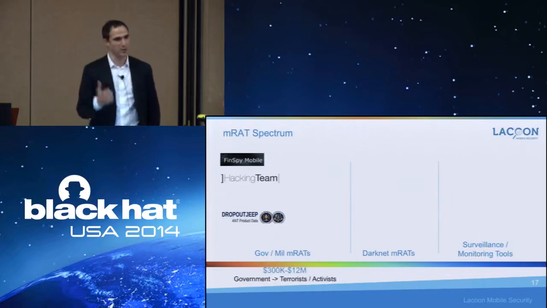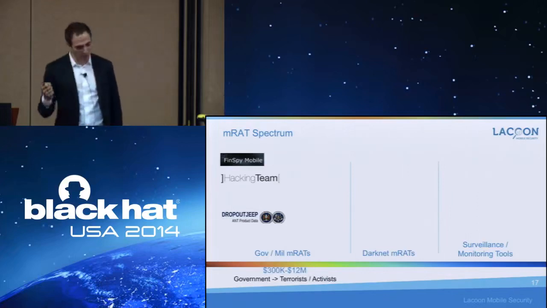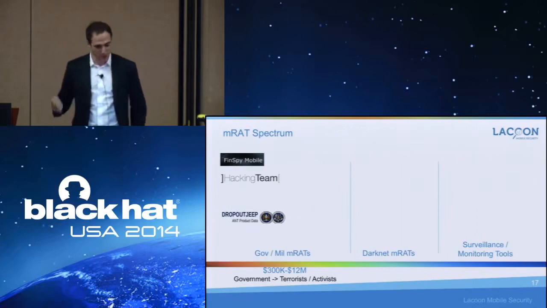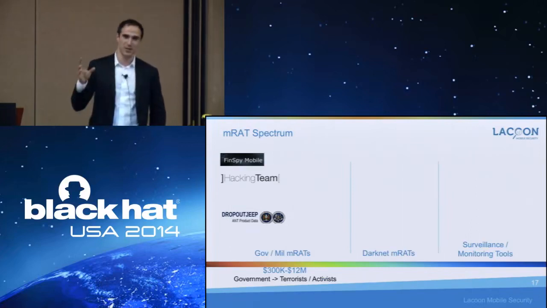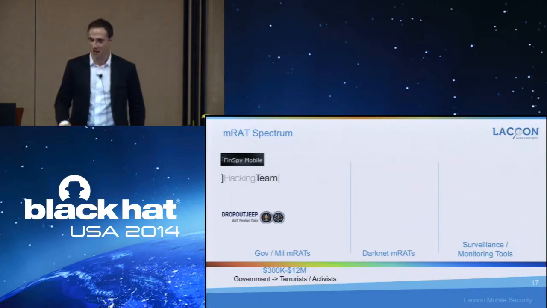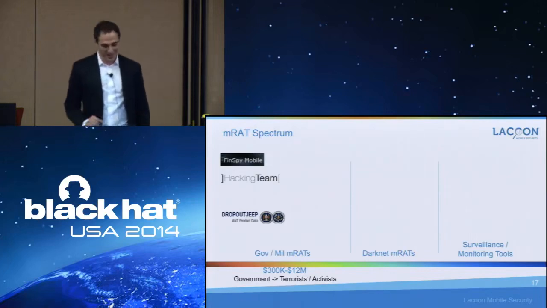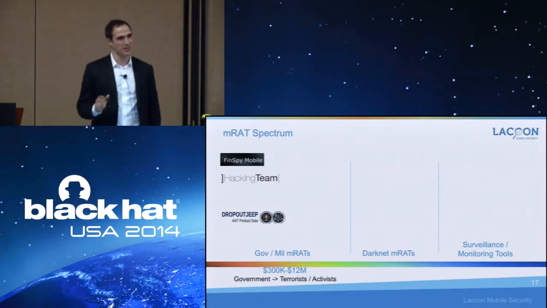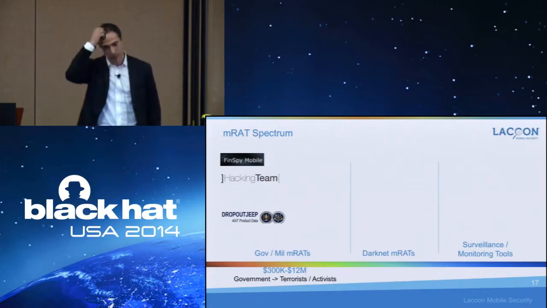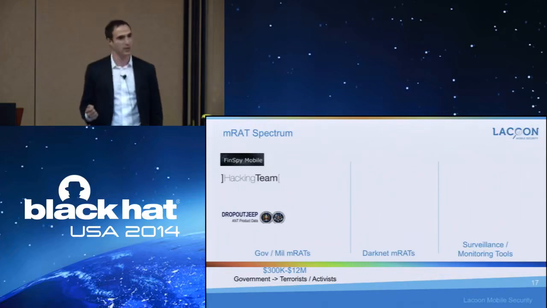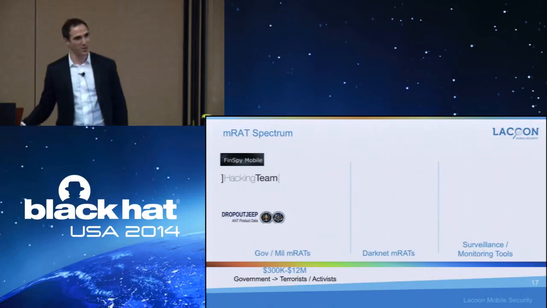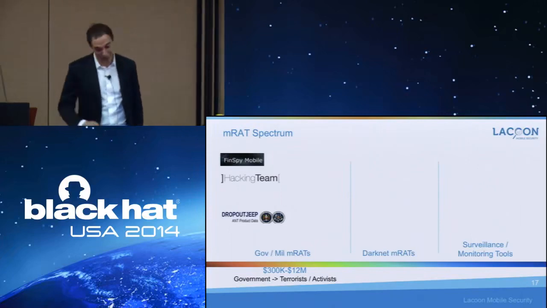Originally, when I made this slide, I was saying those are tools governments use to track either terrorists or activists, and of course it's a gray area in some countries. Usually they are traded from $300,000 to $12 million. But since yesterday it's probably $0 to $12 million, because you can just download it from GitHub.